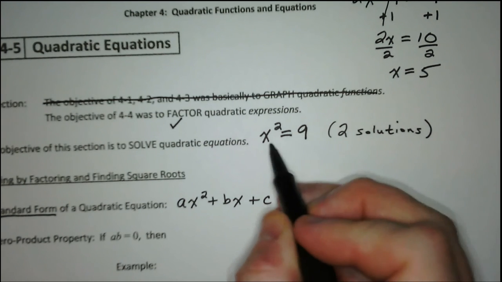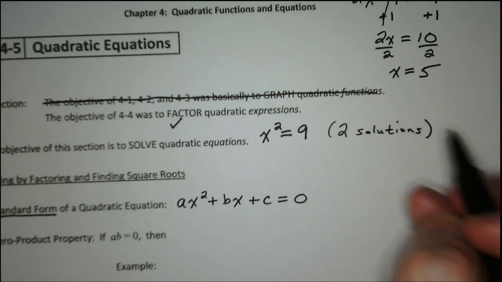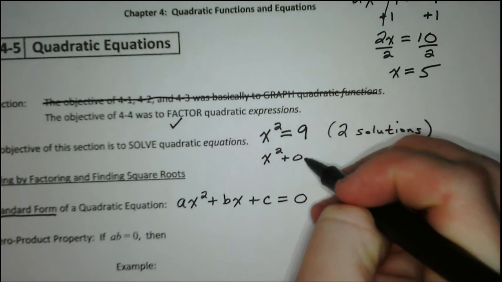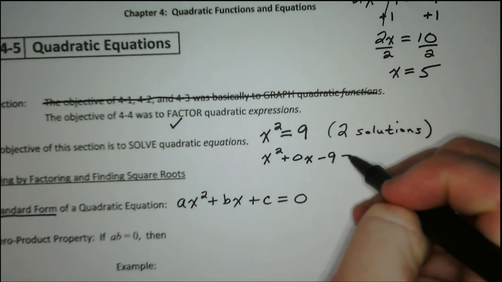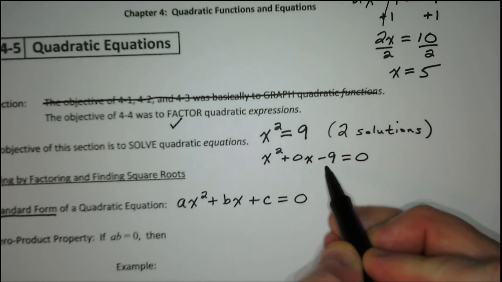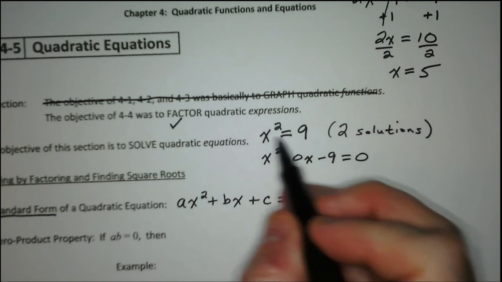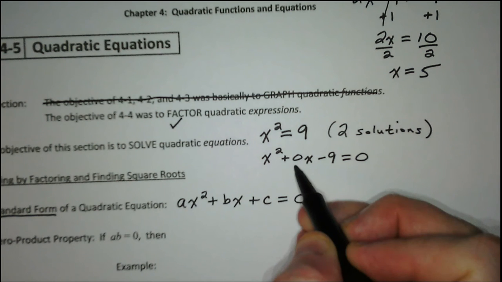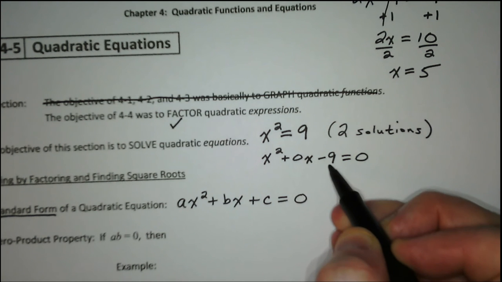If you were to put this in standard form, I might as well write it out, just to emphasize my point. You'd have to move the 9 over to the left side by subtraction, and then you could say that a equals 1, b equals 0, and c equals -9, right?